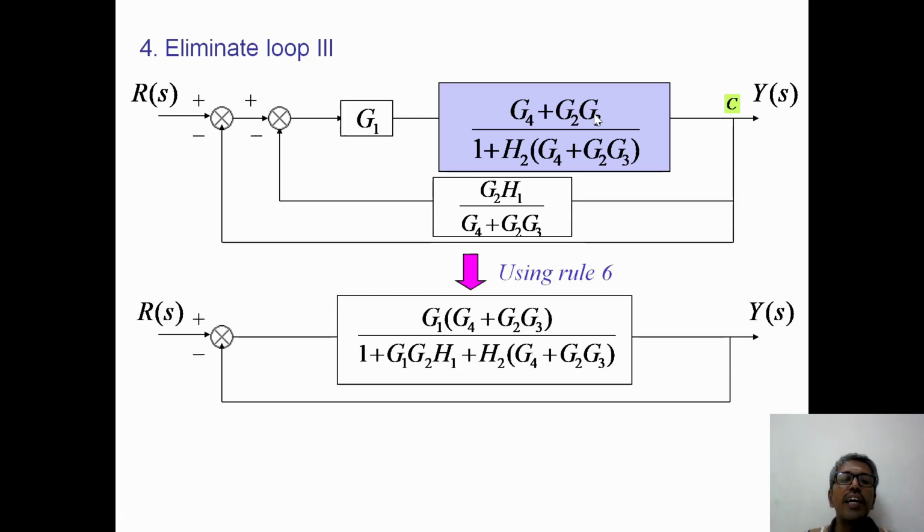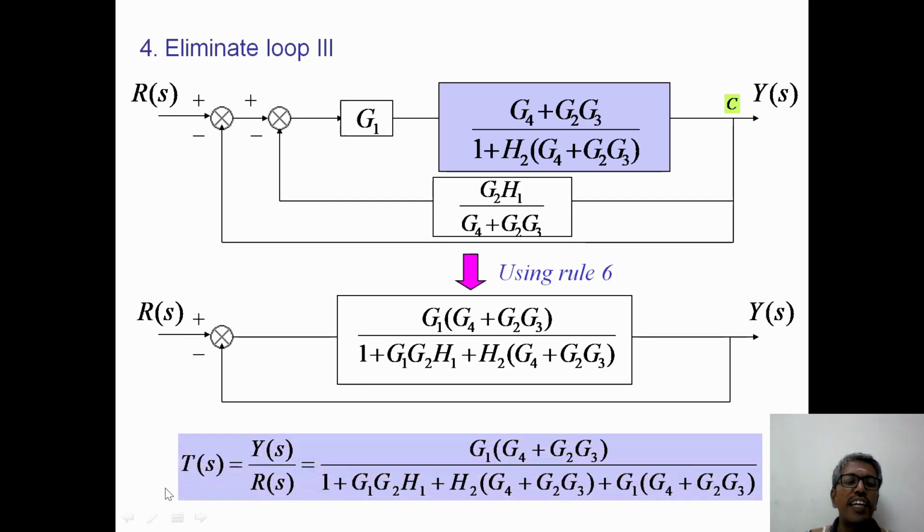Then the remaining block acts as a feedback loop, so again it is the G divided by 1 plus GH rule. Finally you have a single block with unity feedback, for which you apply the rule G divided by 1 plus G.